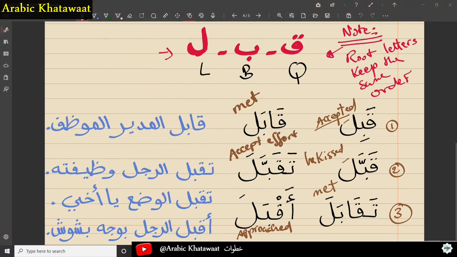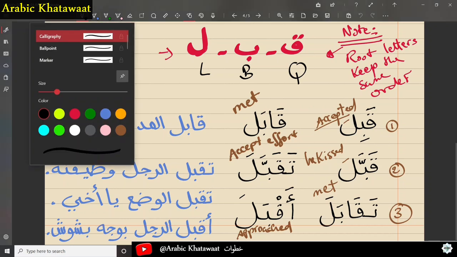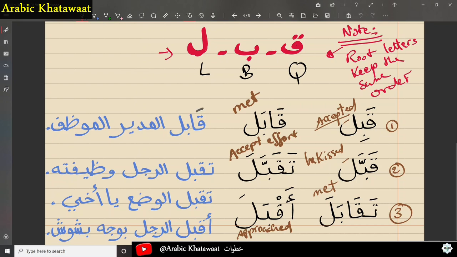So here we're looking at the exact same sentences, and I just rewrote them in cleaner form. قابل المدير الموظف. And then تقبل الرجل وظيفته.